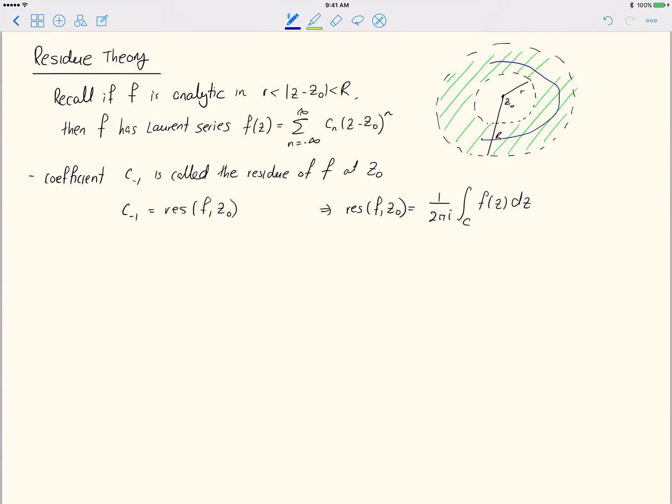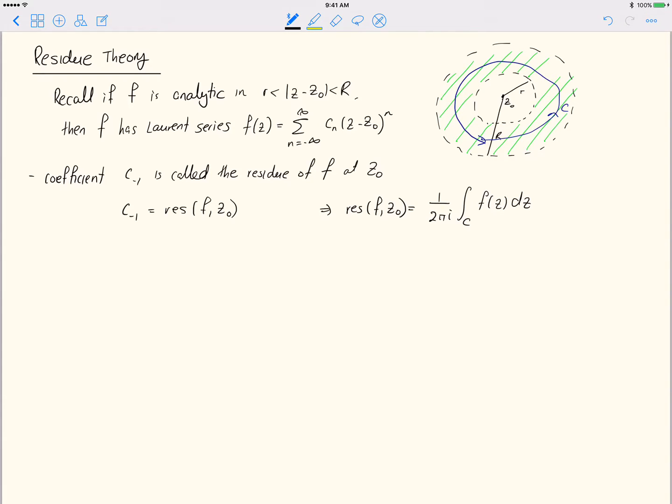So could be something like this. Evaluate the integral of f of z around c, divide by 2 pi i, and that would be your residue. Now this is why I spent a fair bit of time in the previous two videos doing examples regarding isolated singularities. Because if you know what sort of singularity you have, it makes it very easy to calculate the residue. You want to avoid evaluating this contour integral.